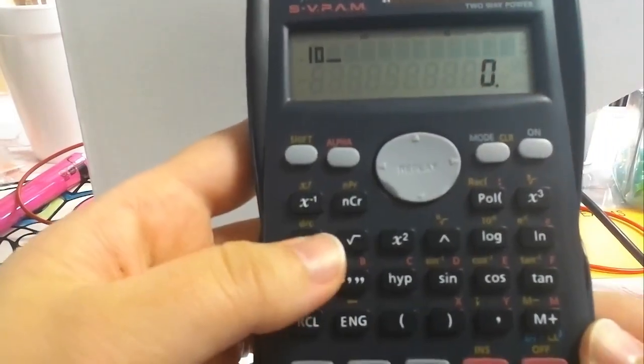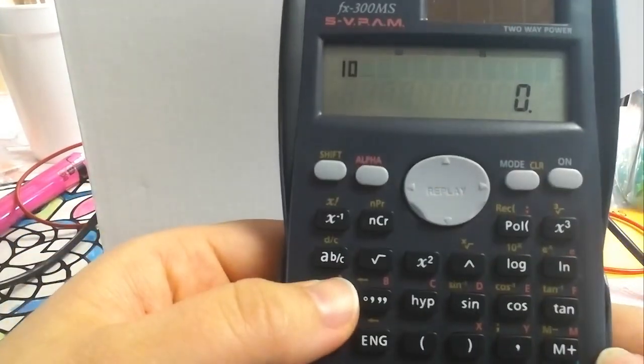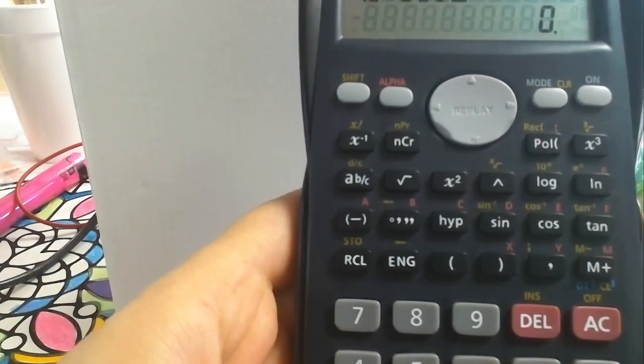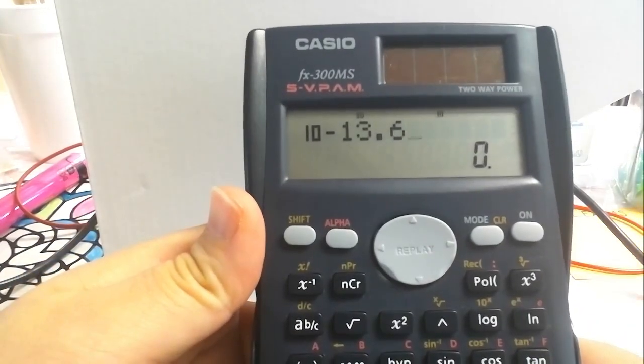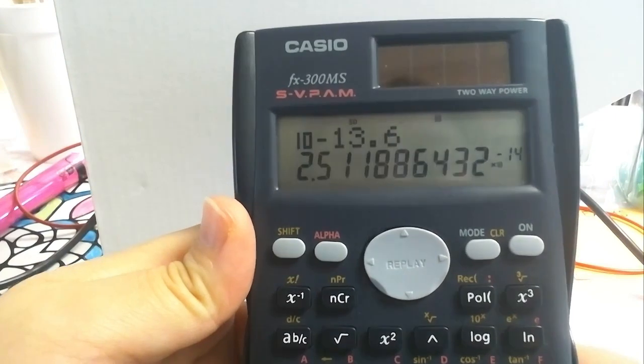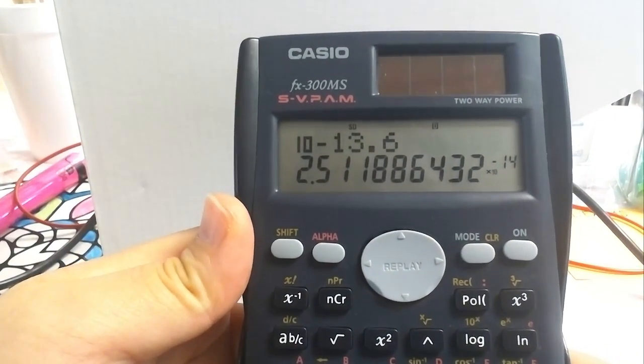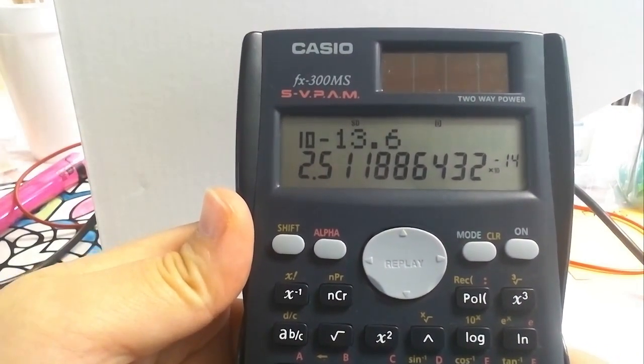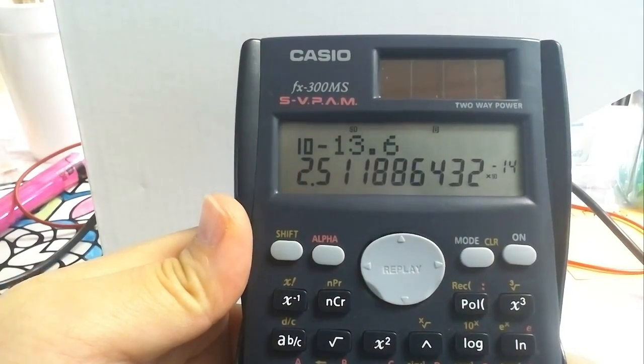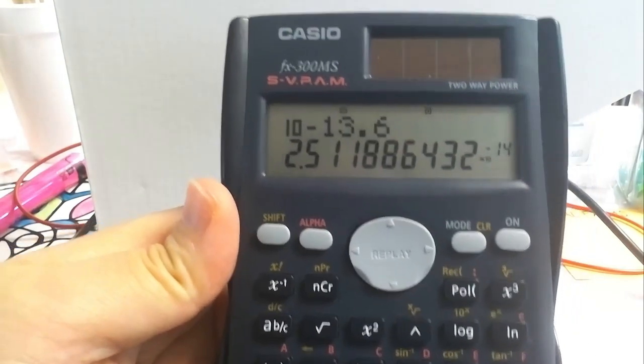So on that, if I have 10 to the power of negative 13.6, then my answer is something way less neat than what it was. So 2.511, and I would round it to the same number of sig figs.